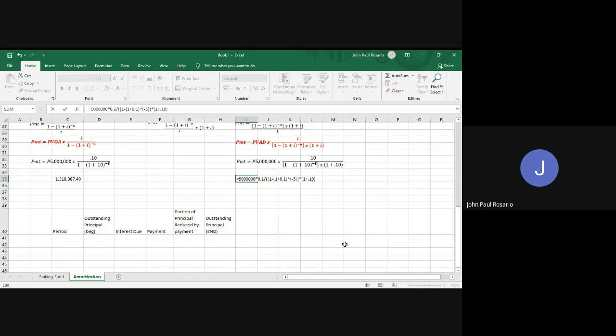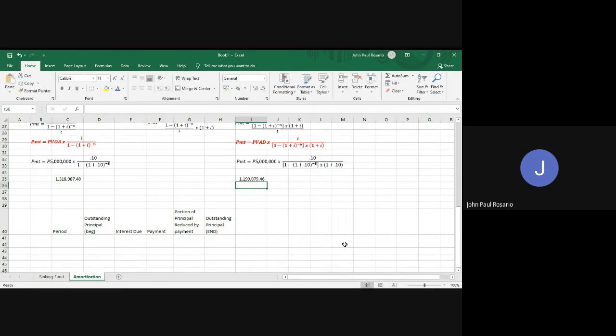So the annual payment now becomes 1,199,079.46, and I'm also checking that using my calculator, and it's correct.